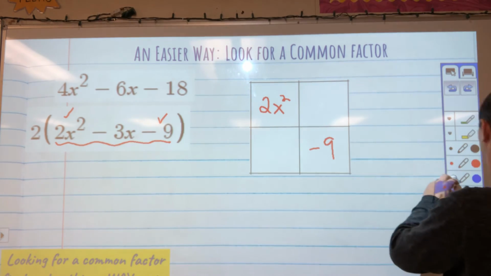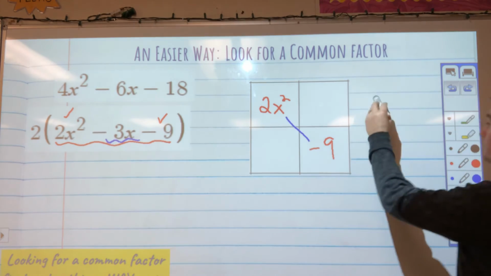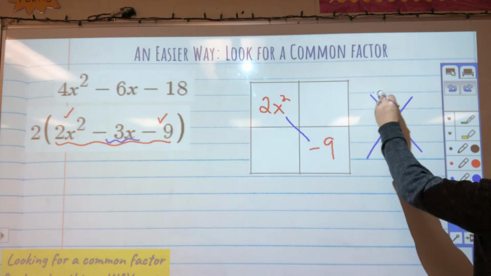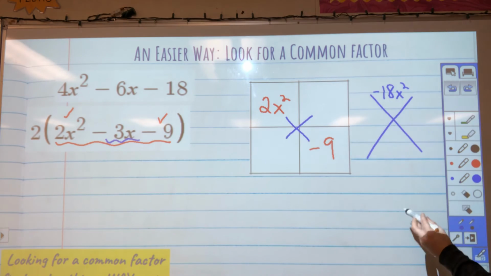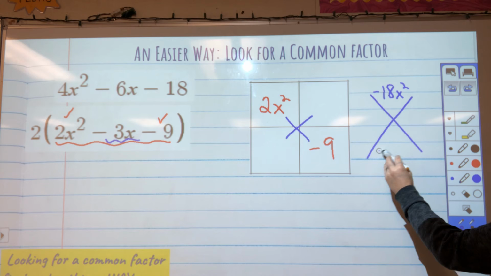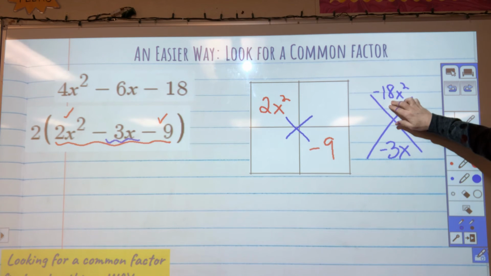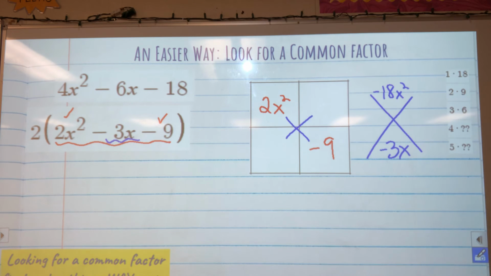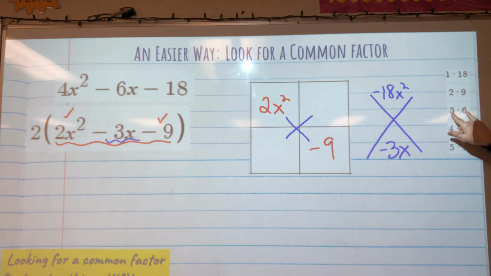If these multiply to be negative 18x squared, I only have negative 3x to work with. And notice how working with products of negative 18 is much simpler. My list is so much smaller: 1 times 18, 2 times 9, 3 times 6, that's it. I'm looking for which of these adds or subtracts to be negative 3: 3 and 6.